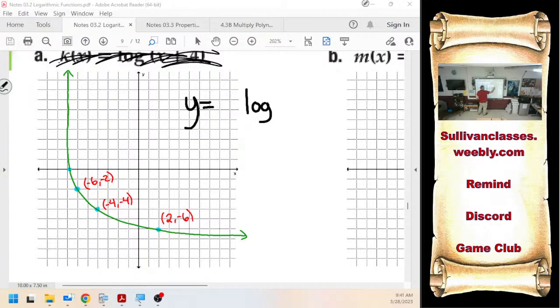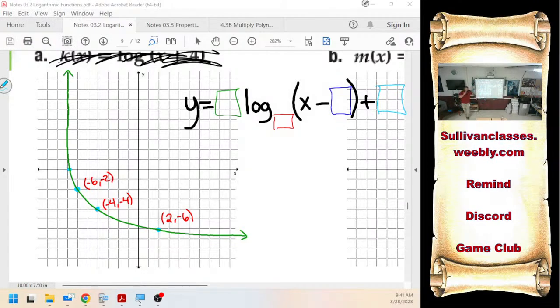I've got log of some base. Sullivan's not going to be mean yet and do a horizontal change. You have to fill in a, whatever your base is, whatever your h and k are.